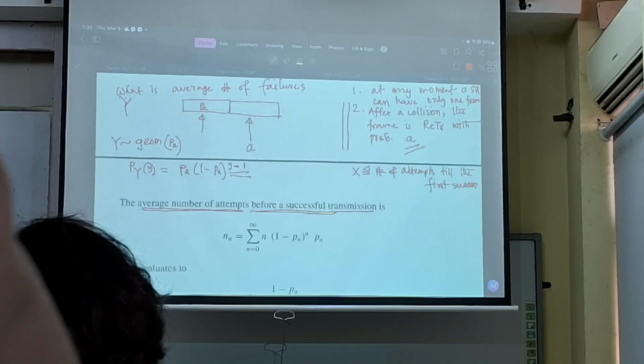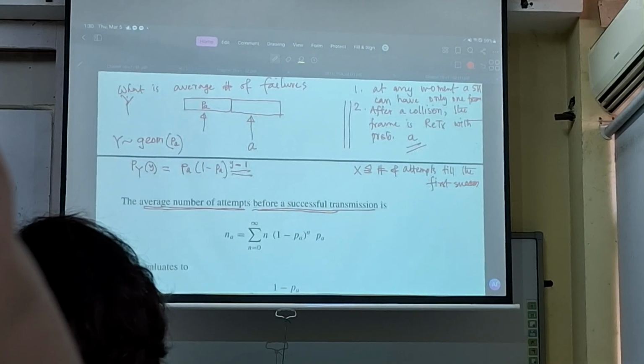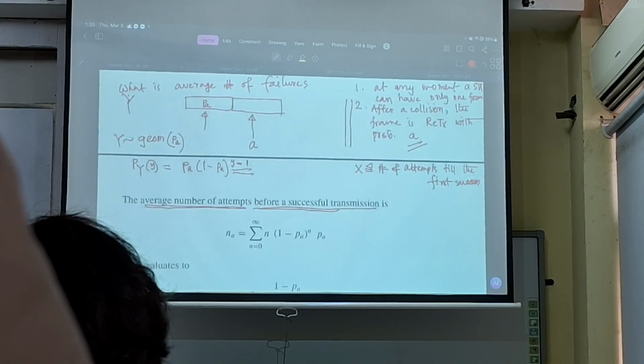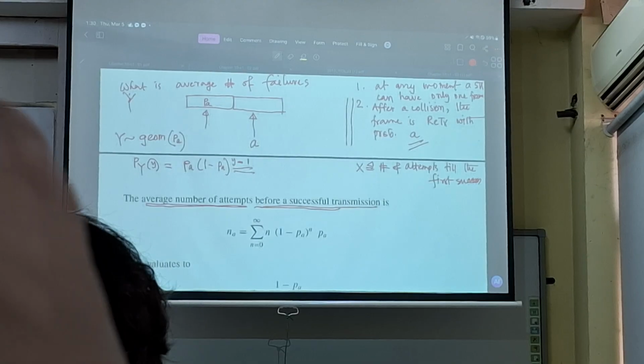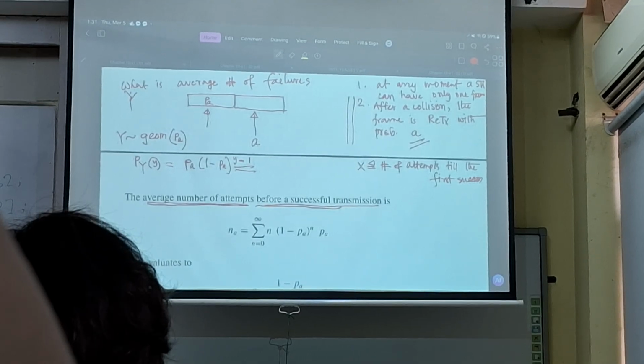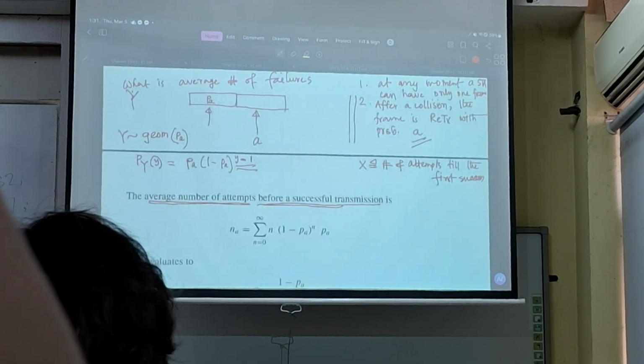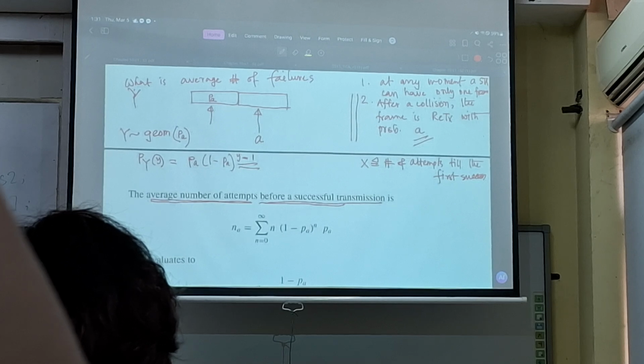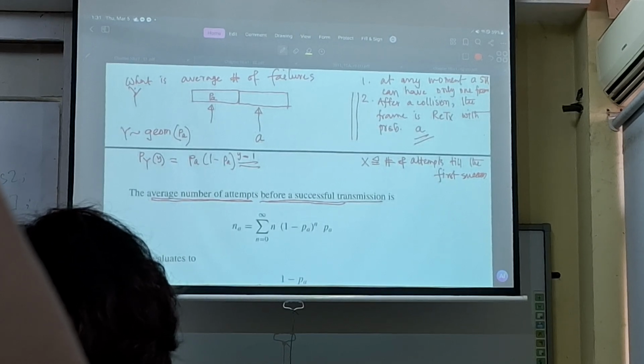The random variable Y that we have considered here counts the number of failures until the first success. The two random variables are geometric.